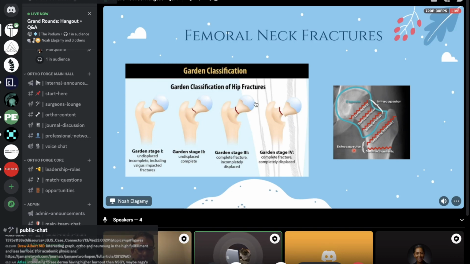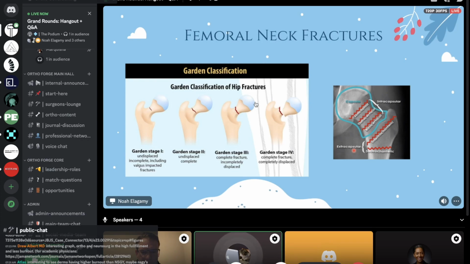Sure. So intracapsular is important because if you have a fracture of the femoral neck, the odds that you are damaging the medial femoral circumflex artery are high. And so the risk for avascular necrosis of the femoral head is also high.